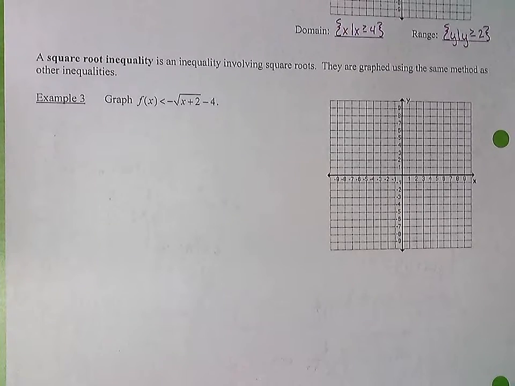A square root inequality is an inequality involving square roots, hence the name. They are graphed using the same method as other inequalities. So you're going to graph it similar to what we just did in that top example, except you have to realize that it is an inequality.